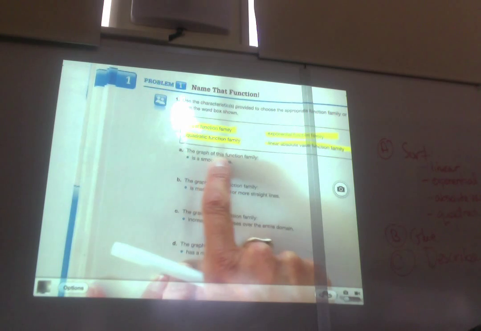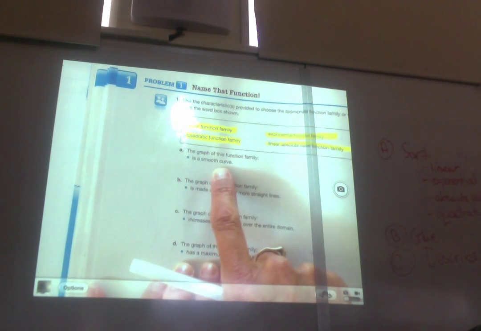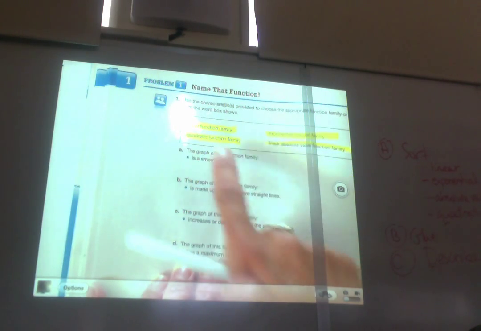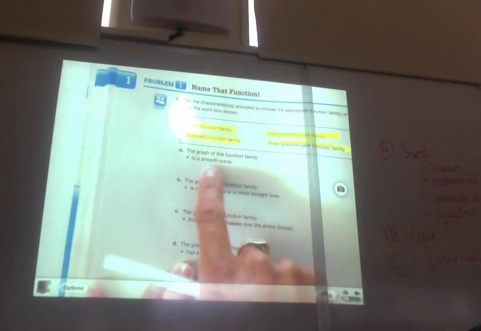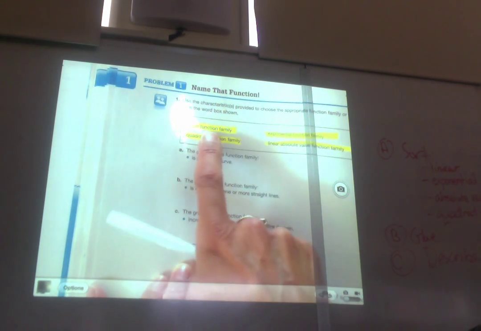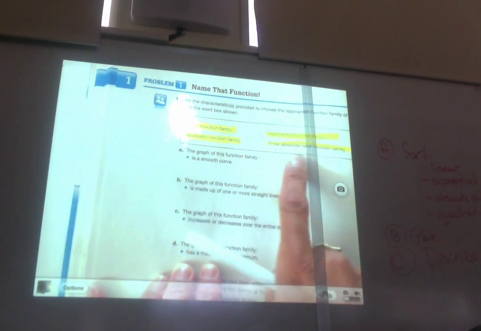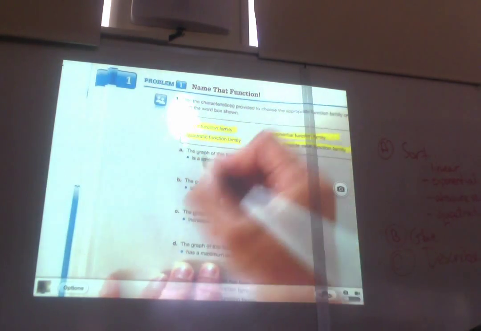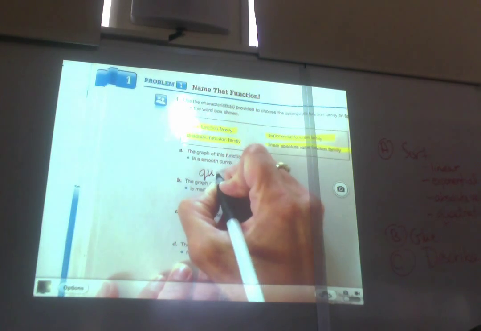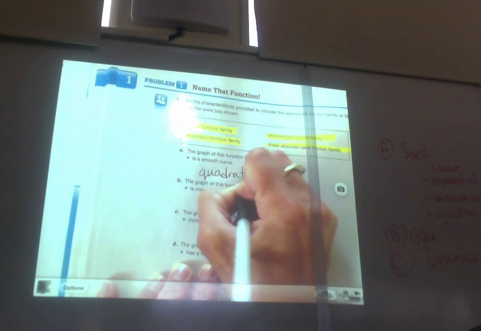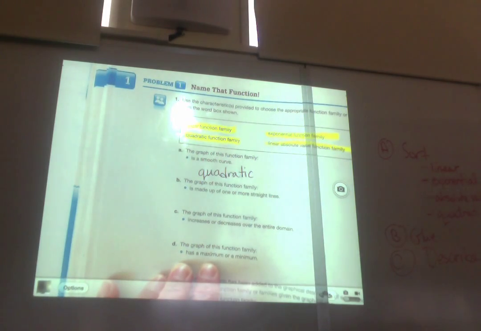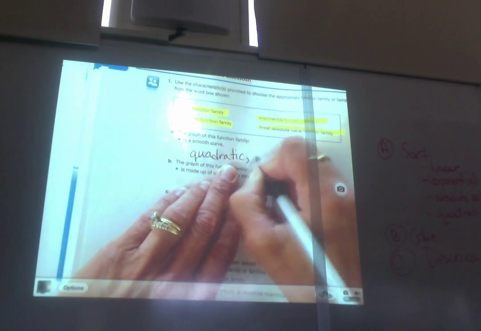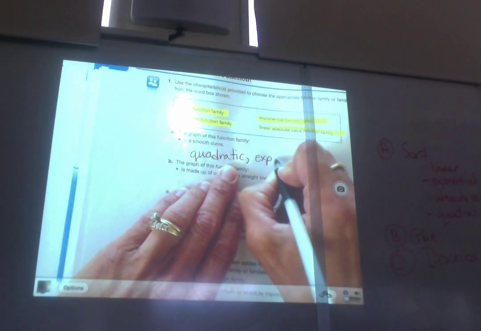The graph of this function family is a smooth curve. Who did we say has curves? Linear, quadratic, exponential, or absolute value, and it can be more than one. Molly: Quadratic is a smooth curve. There's one more. Exponential. So both quadratic and exponential families have that in common.